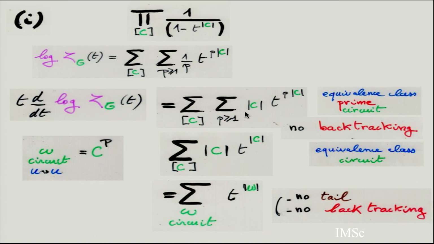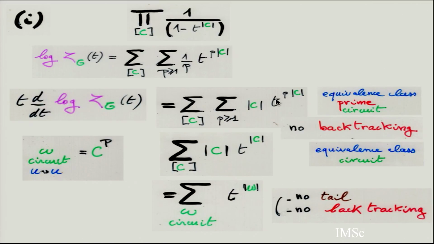But maybe there are p circuits which have the same power. When I take the derivative, this thing of classes, the p is because of the equivalence class.